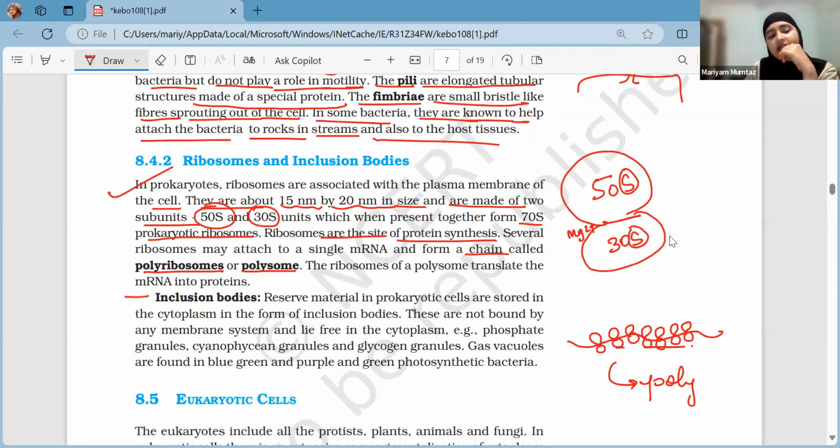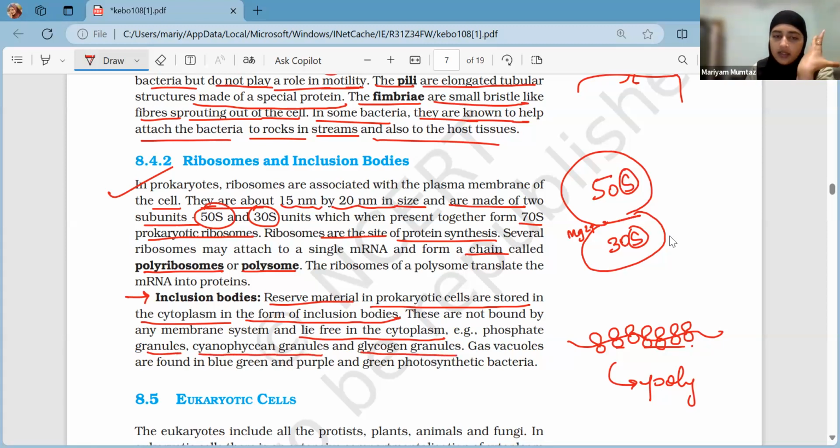Now we have the inclusion bodies. The reserve material in prokaryotic cells is stored in the cytoplasm in the form of inclusion bodies. They are there for the storage of reserve food material. They are not bound by any membrane system and they lie free in the cytoplasm. They do not have any membrane surrounding them. Examples of inclusion bodies: phosphate granules, cyanophycean granules, glycogen granules.